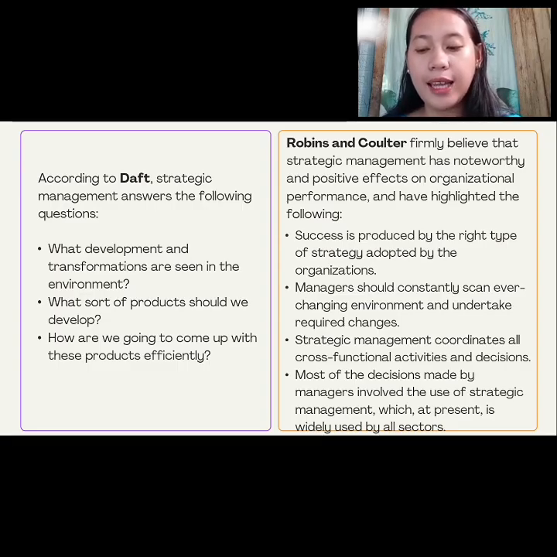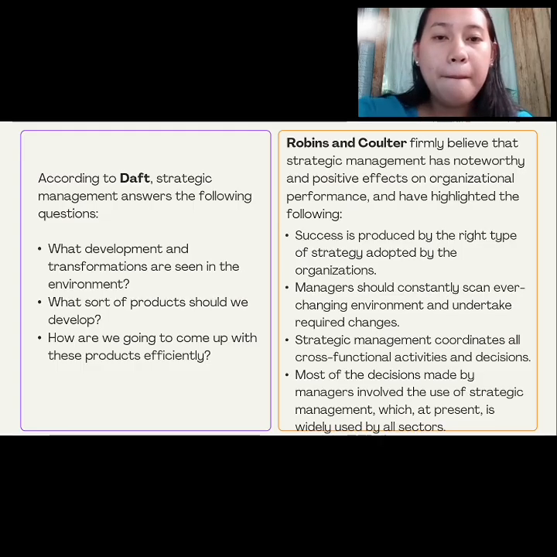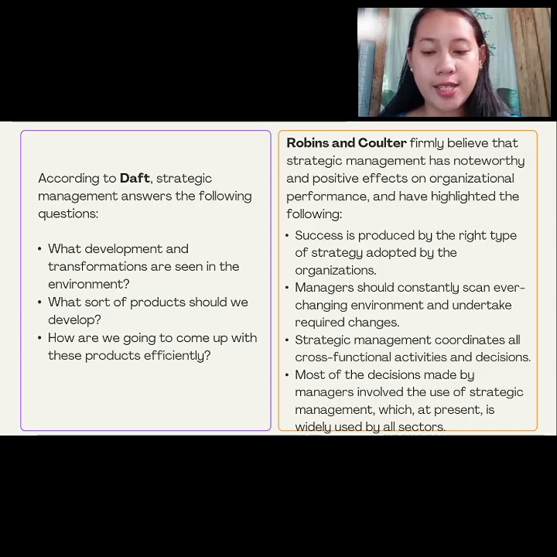and have highlighted the following. First is, success is produced by the right type of strategy adopted by the organizations. And next is, managers should constantly scan the ever-changing environment and undertake required changes.